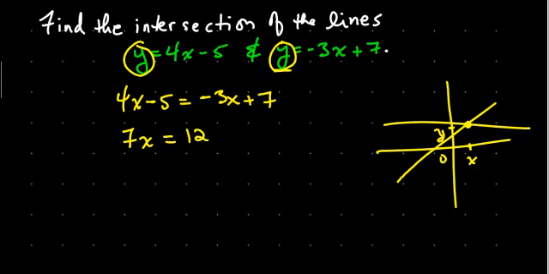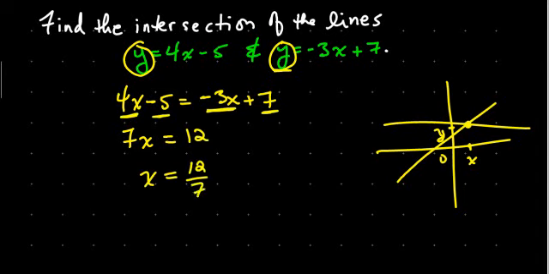Okay? So again, I added 3x to both sides to bump this 4 up to 7x, and I added 5 to both sides to cancel that 5 there, and it bumped that 7 up to 12. Now dividing both sides by 7, you get that x equals 12 sevenths.